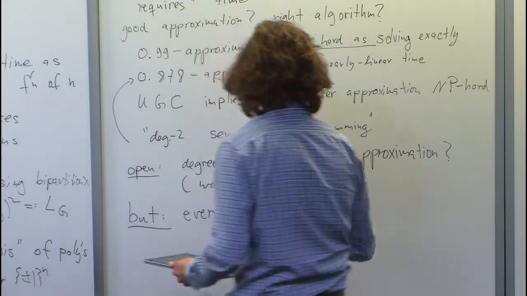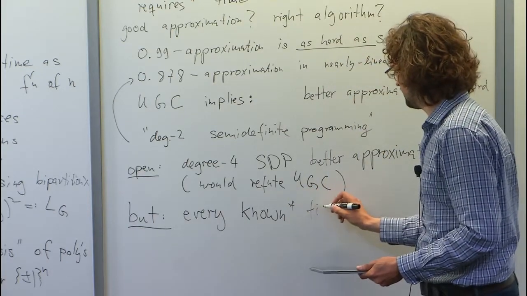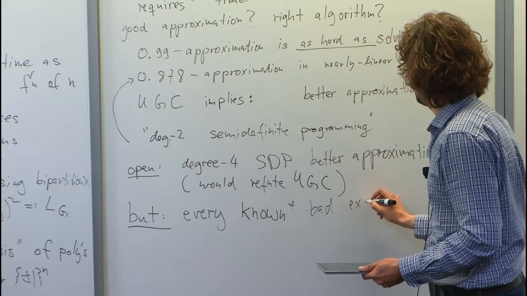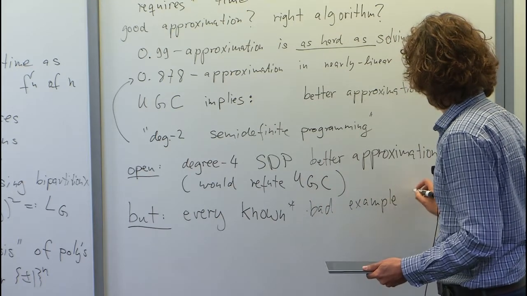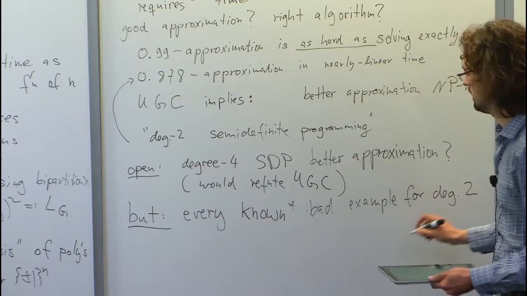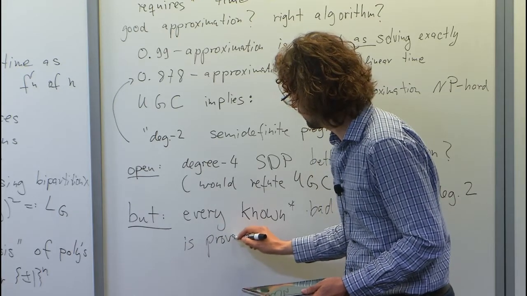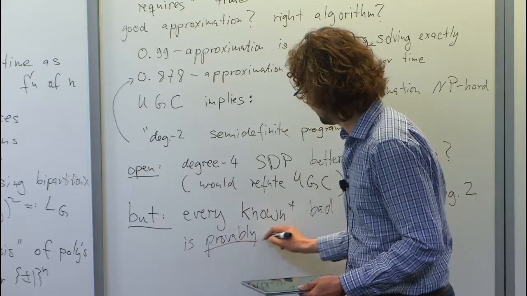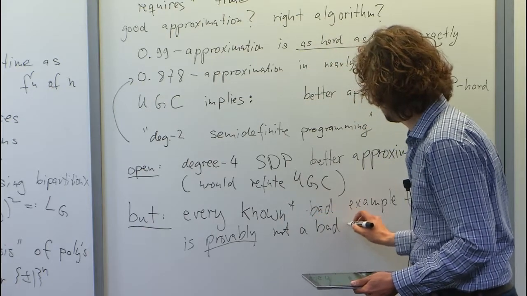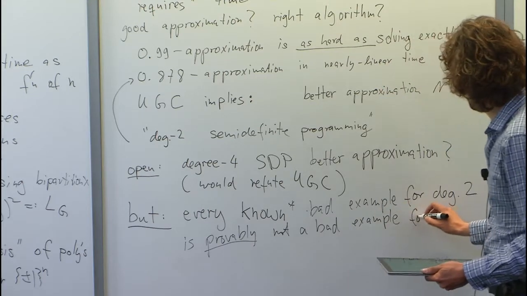Every known tight bad example for degree 2 is provably not a bad example for degree 16.